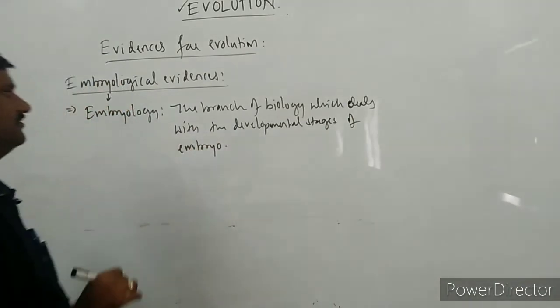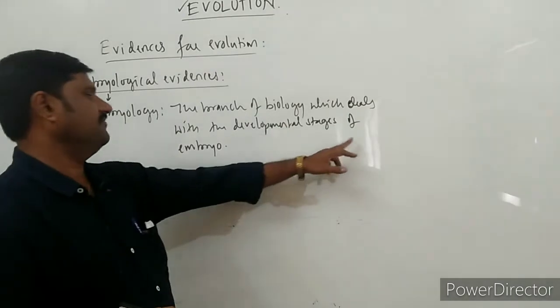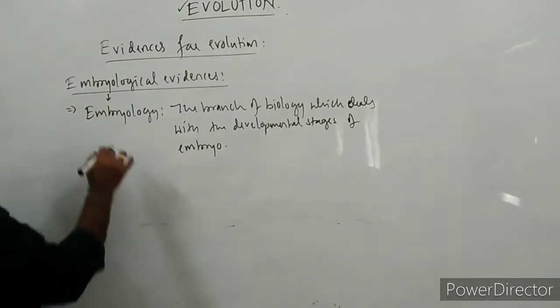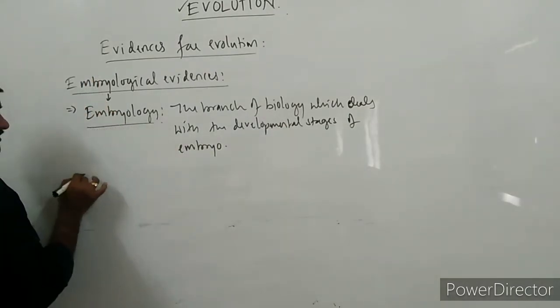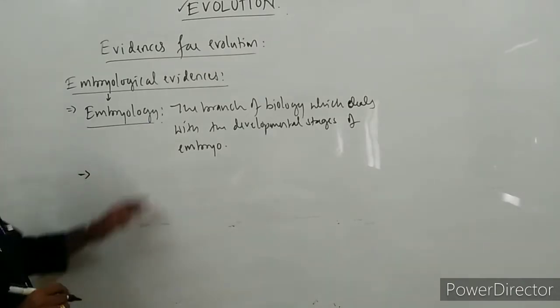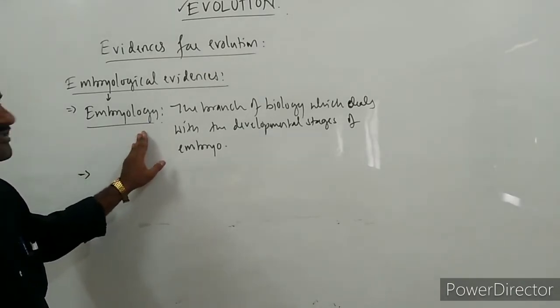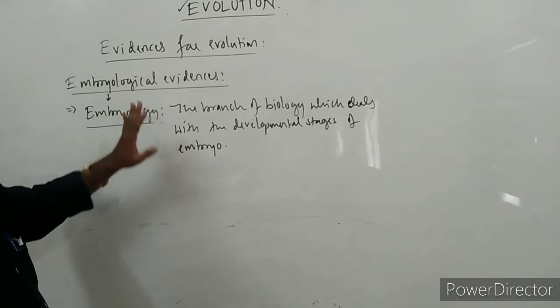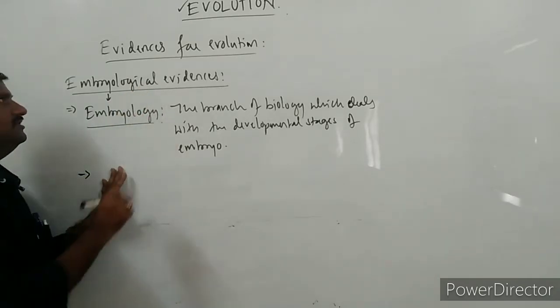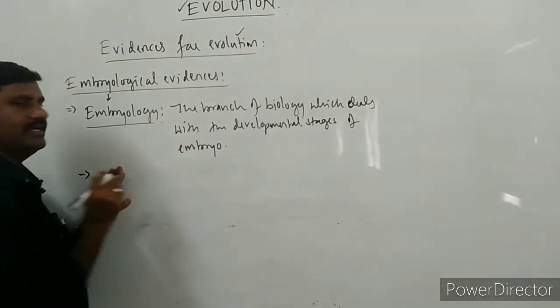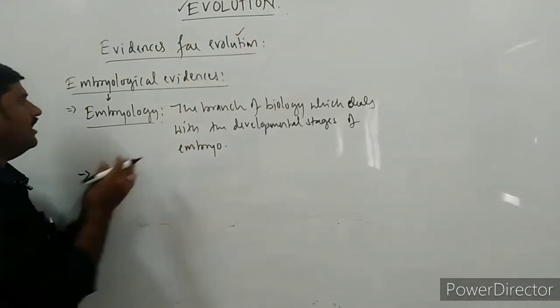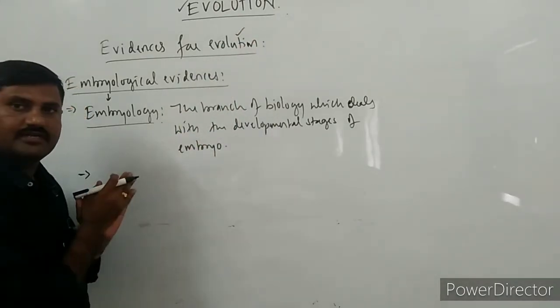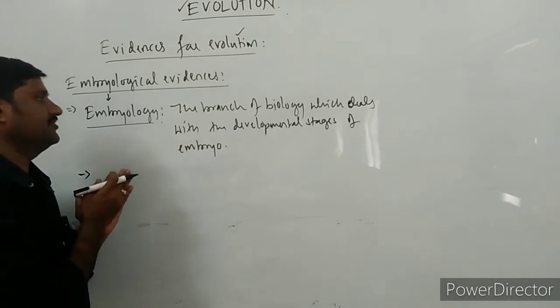The study of the developmental stages of the embryo is called embryology. This branch of biology also gives many evidences for the evolution which has taken place on this earth. This is the branch which gives different types of evidences.